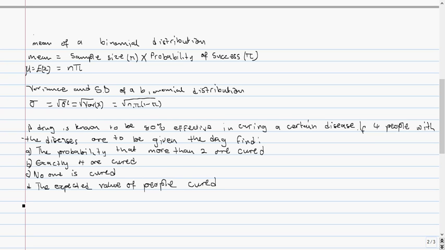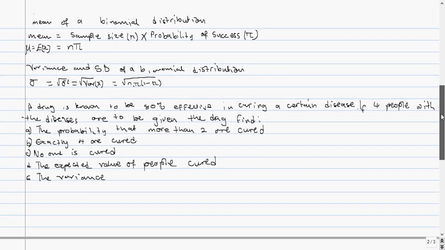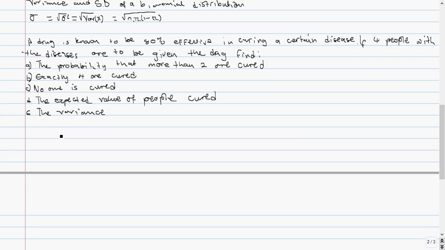And E, we're gonna look for the variance. Okay, so for us to do this, we have to take note of important things here. Now, the first thing you have to identify is your probability of success.